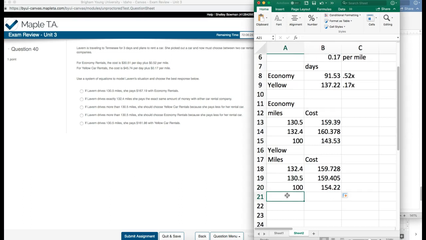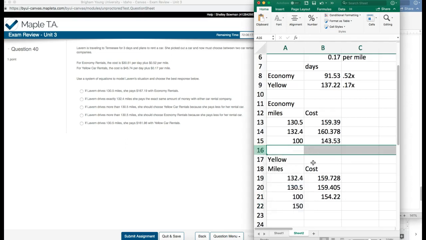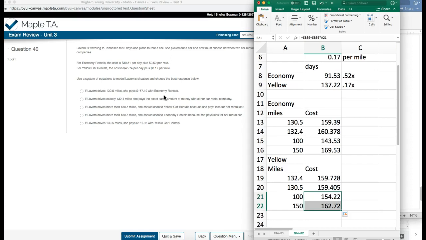Let's say she travels 150 miles and see what that costs for both companies. Here we can show that this one ends up being less than the economy once we get past this 130.5 range.